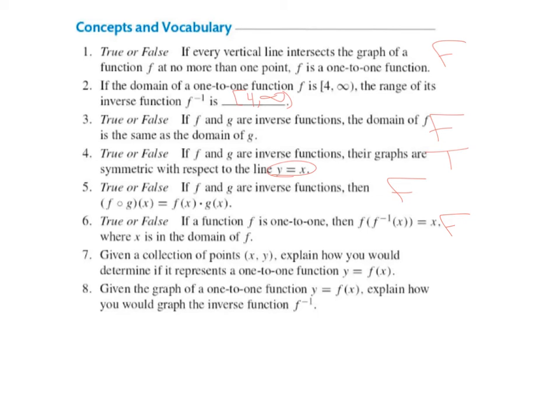Given a collection of points, explain how you determine if it represents a 1-to-1 function. That's where you would check all the y values. Y values don't repeat. Given the graph, explain how. That would be the horizontal line test.